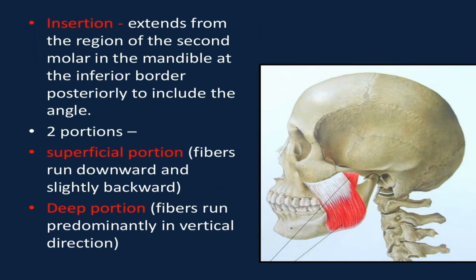Insertion: it extends from the region of the second molar in the mandible at the inferior border posteriorly to include the angle. It has two portions. In the superficial portion, fibers run downward and slightly backward. In the deep portion, fibers run predominantly in a vertical direction.